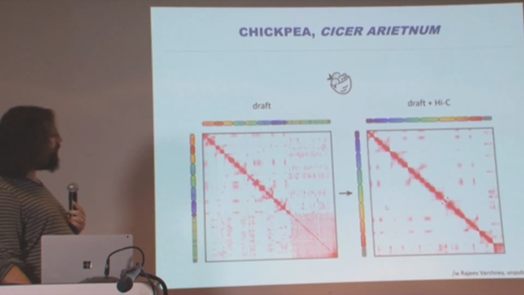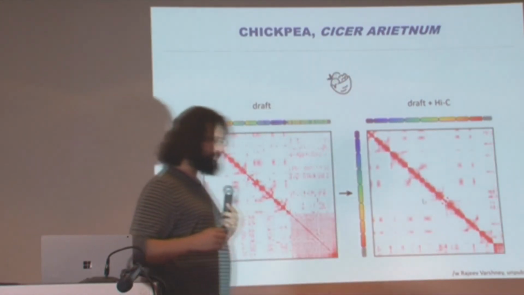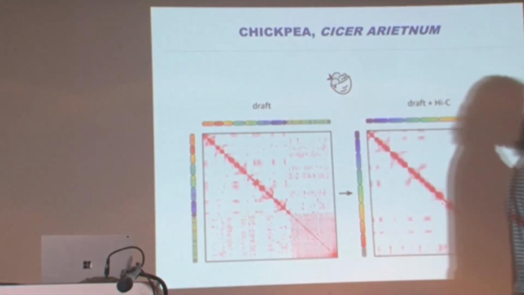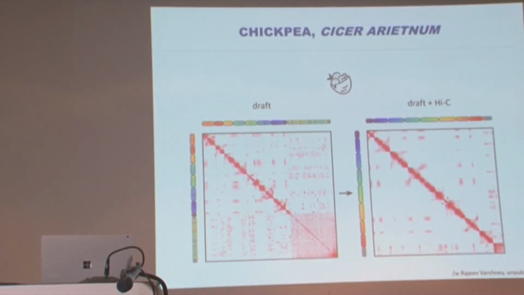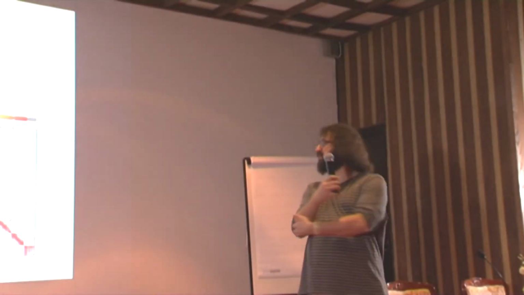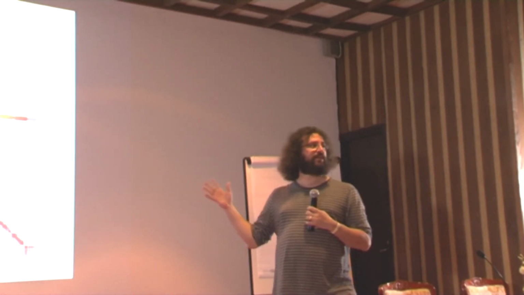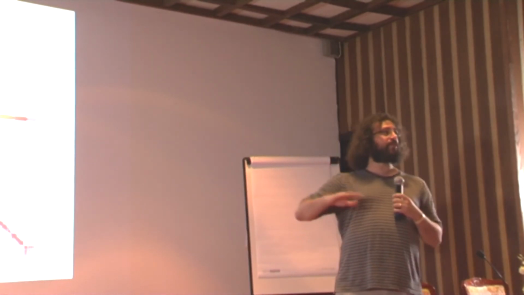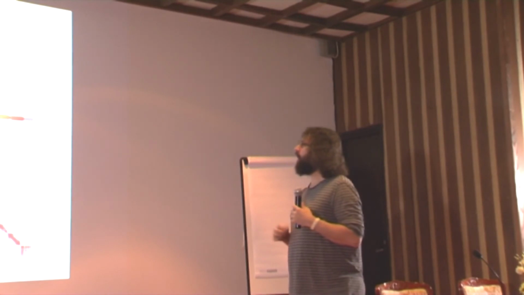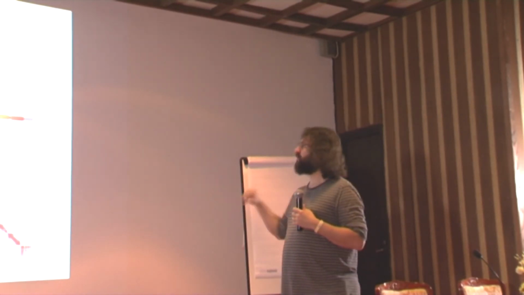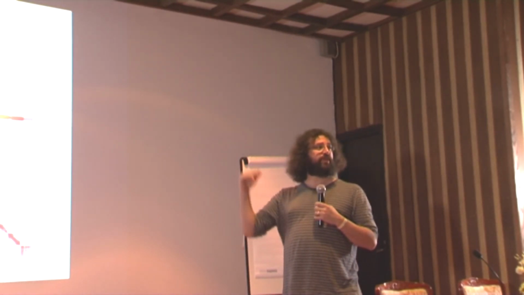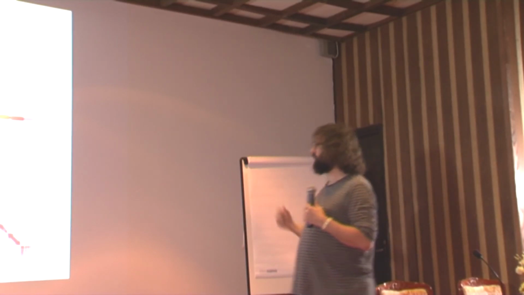This is the chickpea. Actually, this is a collaboration with Rajiv Varshney, a really terrific plant genomicist. One of the things that's really neat about this is it's typically been the case that you only have one reference for a species, and then you start to do resequencing. But together with Rajiv, we realized, hey, that really need not be the case. So instead of remapping all of your other individuals or plant accessions onto your reference, why not just create many independent references that are independently scaffolded?